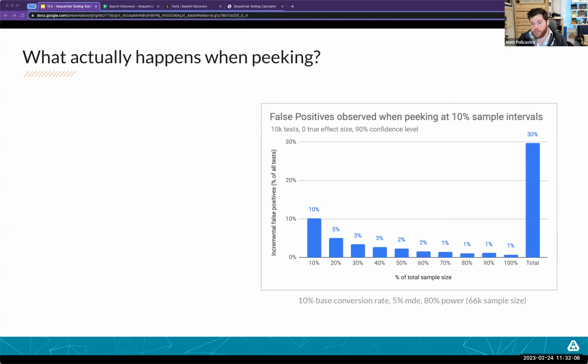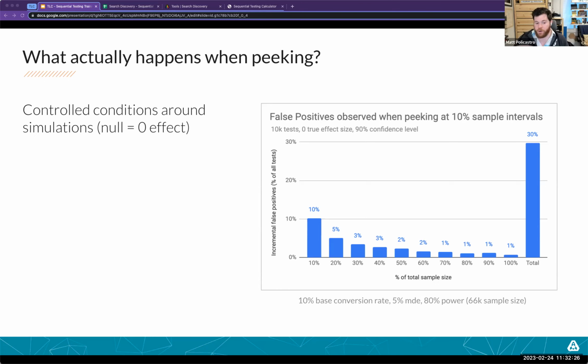This is a simulation that was done, which is basically looking at controlled conditions around a zero, a null effect. There's no actual difference between our A and B, and we're just simulating the results coming out of this. If we run these simulations and we check in at 10% of our estimated sample size for each of these, so the sample size was 66,000, so if we check in at 6.6 thousand, 12 point... this is why I have computers to do math for me.